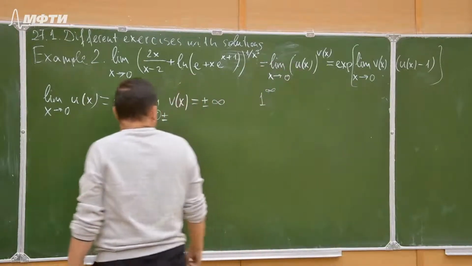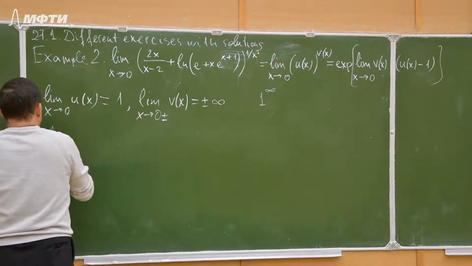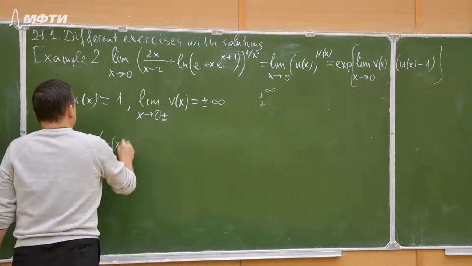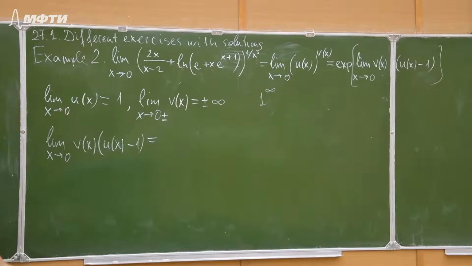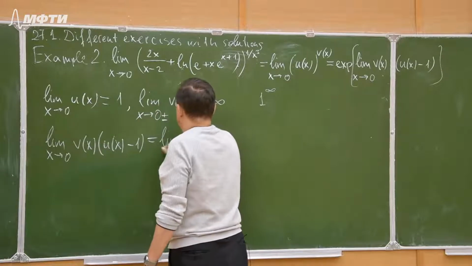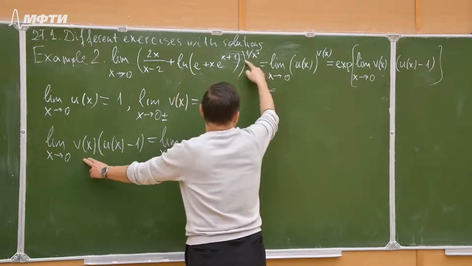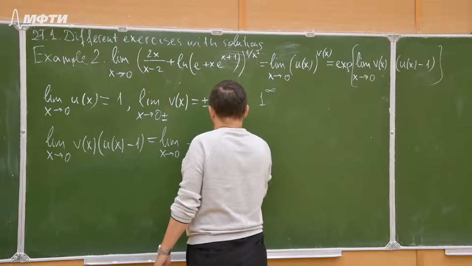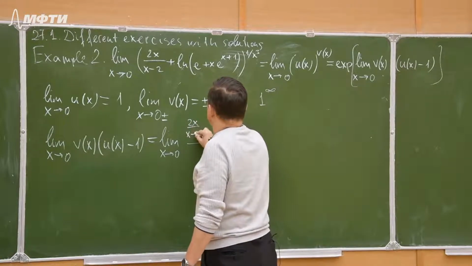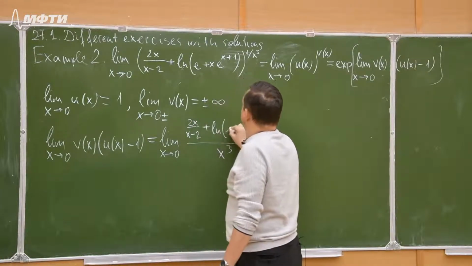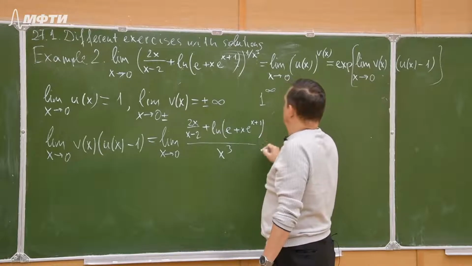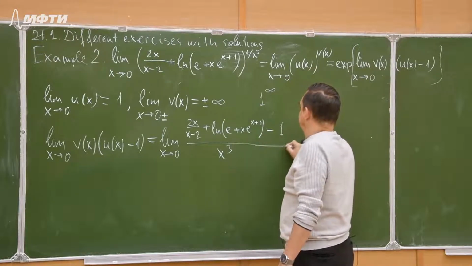Okay, so let me compute the limit as x tends to 0 of v of x times u of x minus 1. What is it? Just substitute: limit as x tends to 0, v of x is 1 over x cubed, so x cubed, u of x minus 1, so we should substitute logarithm e plus x e to the power x plus 1 minus 1.